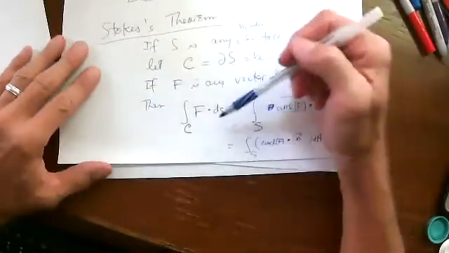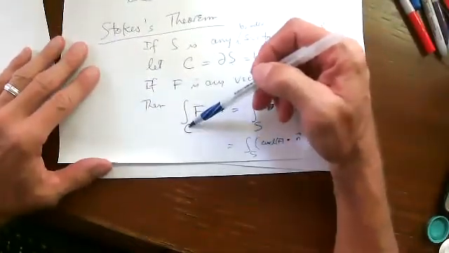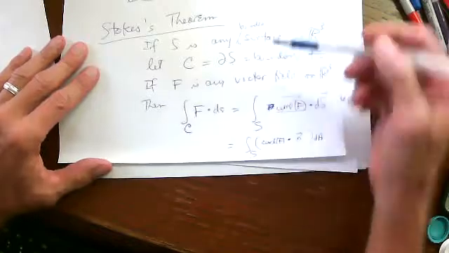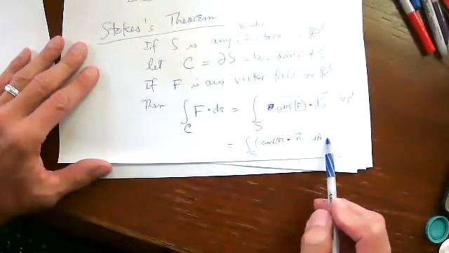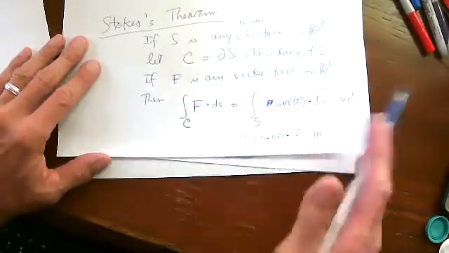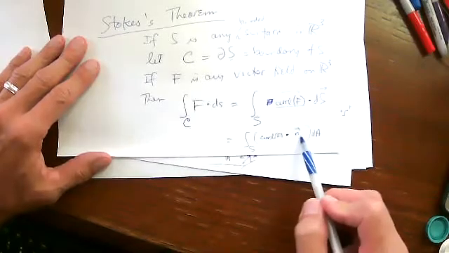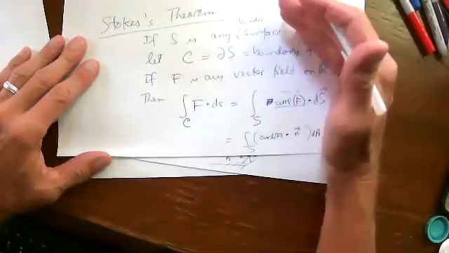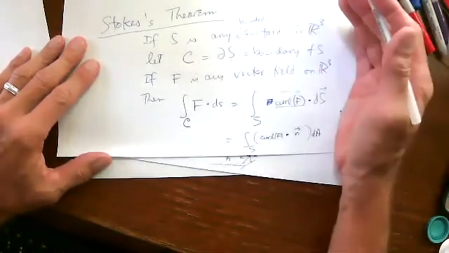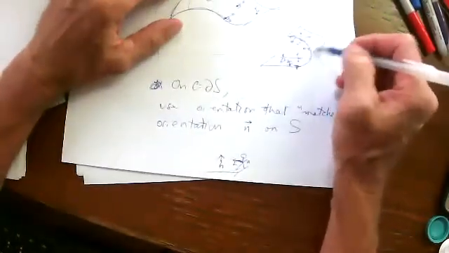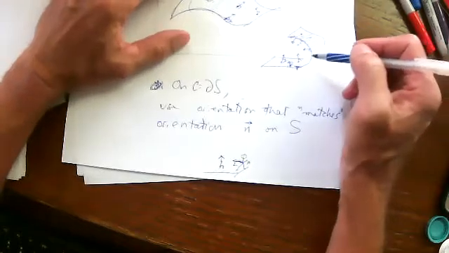So the piece of information I have to give you is which of the two orientations on the curve is going to match what you see on the right-hand side. As it turns out, there are two possible orientations here. They will match the two possible choices of the unit normal vector on the other side. But to know which one you want, you have to do the same kind of thing as I was talking about before with that annulus.